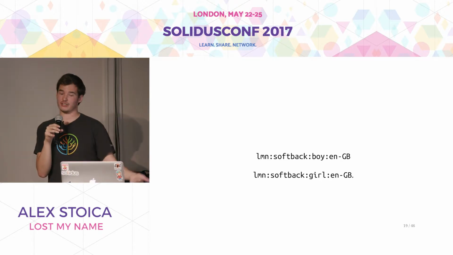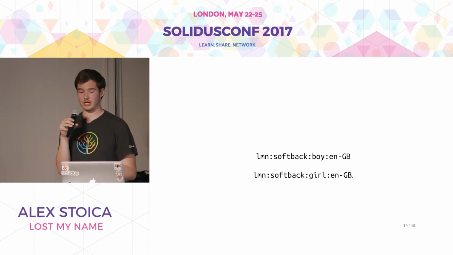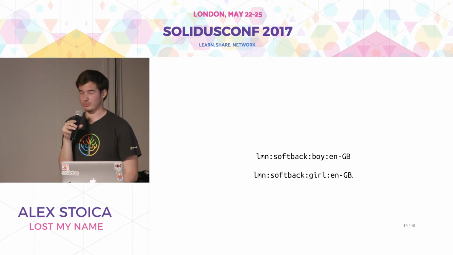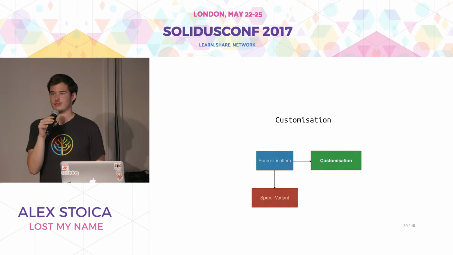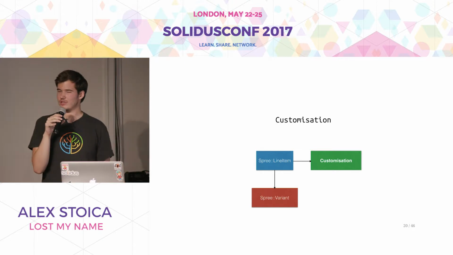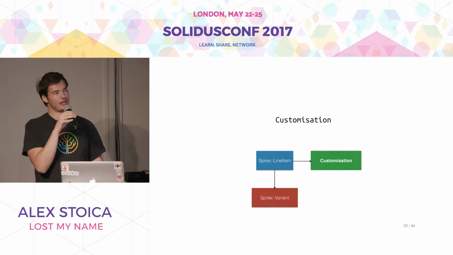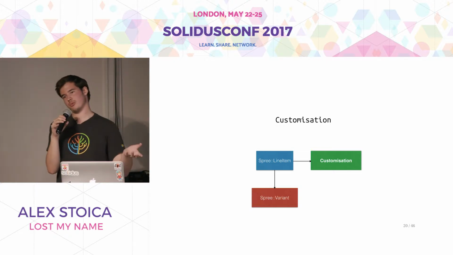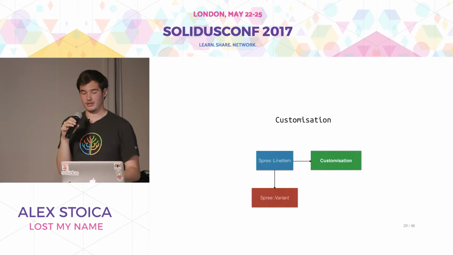So we had a good understanding of what products and variants are, and we just went back and started thinking about where to put our customization class. After a few days of fiddling, we figured out the line item would be the right place for it, because you'd have a link to the variant, so that would tell you if it's a boy book or a girl book. And it's also pretty nice that line items just stick around.